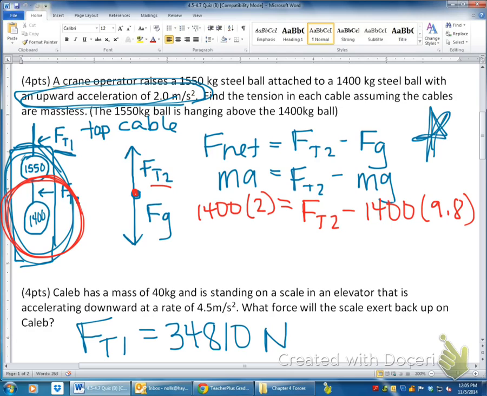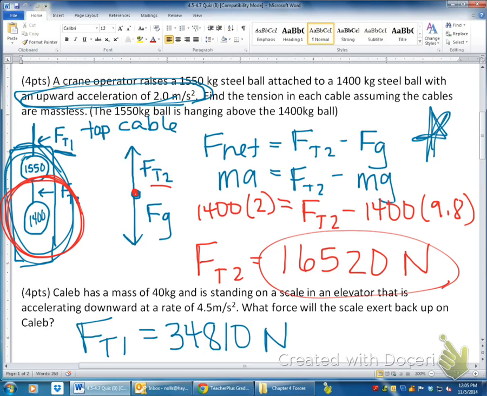All right, what did we get for the answer of our tension in the second cable? What did you get? 16,520. Is that what everybody got? And what should our units be? Okay, that's it.